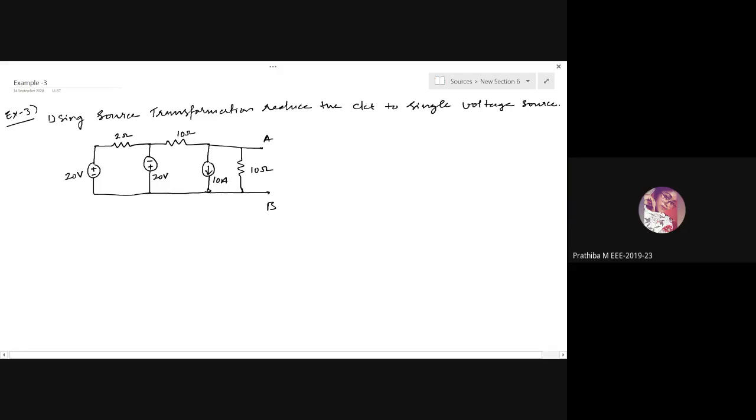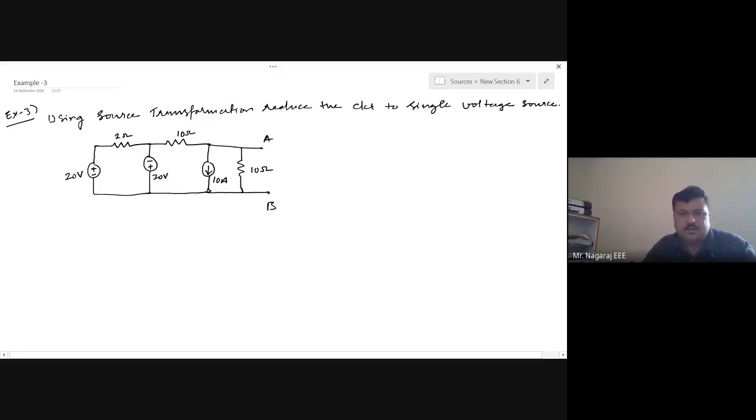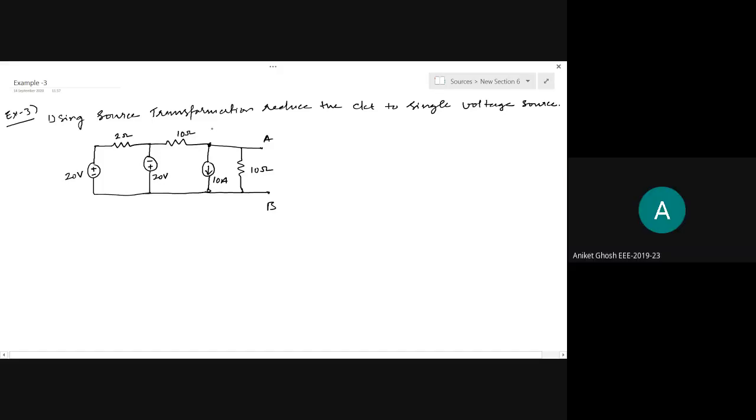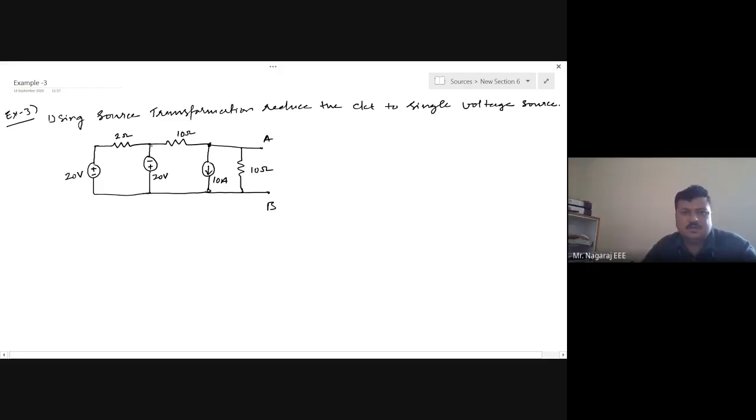Ampere current. How come, madam? Here there is a node. That will not come in series. Is it? 10 ohm resistor connected to 20 volt. How come? Again there is a node.